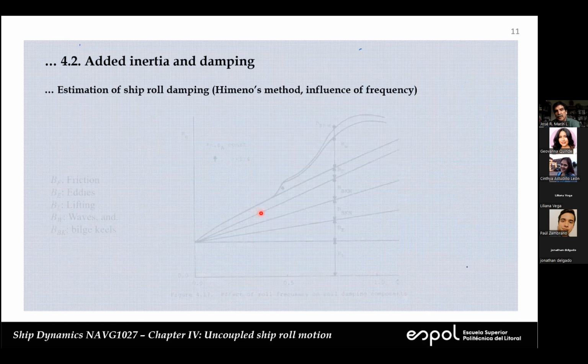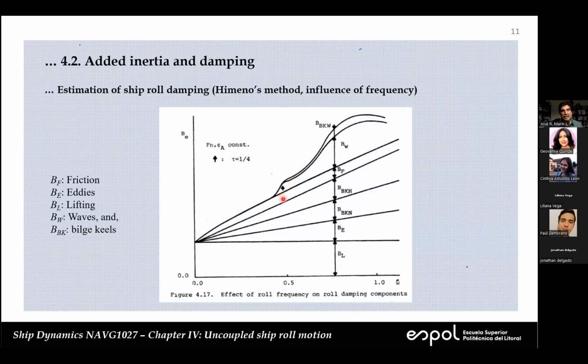That's why they're pointing here: when this non-dimensional period values 1/4, we have an increase in this wave parameter, wave down. In general, as we increase the frequency, we get more dissipation of energy.